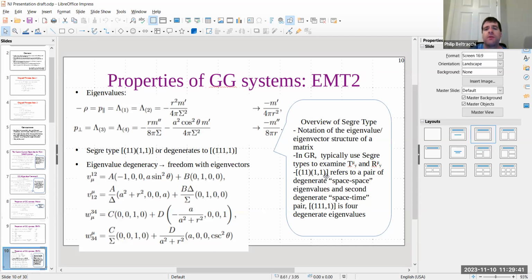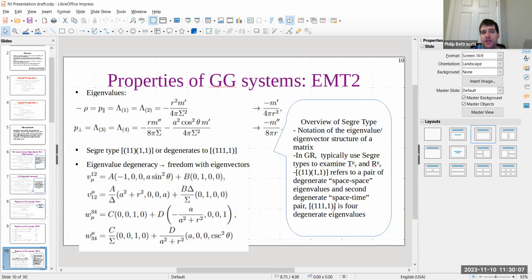This refers to a pair of degenerate eigenvalues which have space-like eigenvectors, and a second pair of degenerate eigenvalues which are spanned by a space-like and time-like eigenvector. If we have that written in this form, that means that all 4 eigenvalues are degenerate.